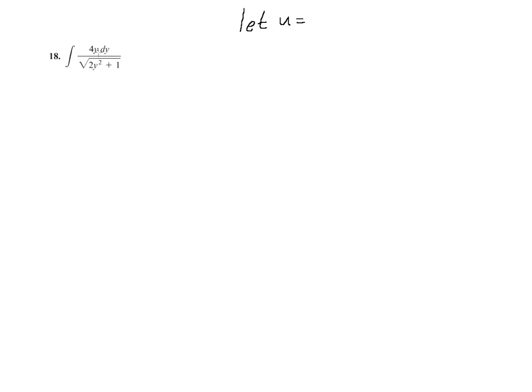And if you notice, if I take the derivative of 2y squared plus 1 and I differentiate both sides of u equals 2y squared plus 1, I get du equals 4y dy, and notice I have a 4y dy in the numerator over here, so I can say that that's equal to du, and therefore I would have the square root of u in the denominator in place of 2y squared plus 1, and that makes this much easier to integrate.